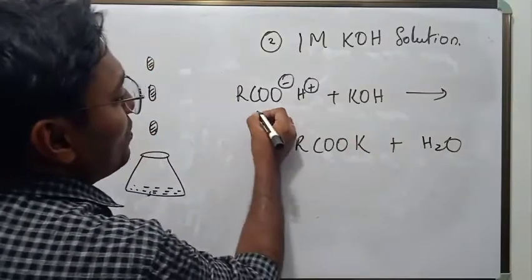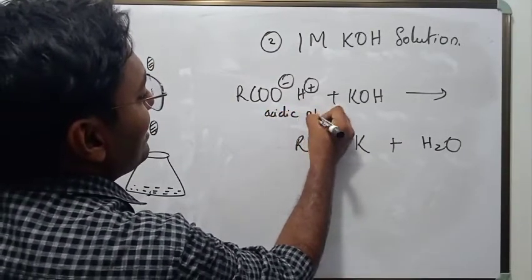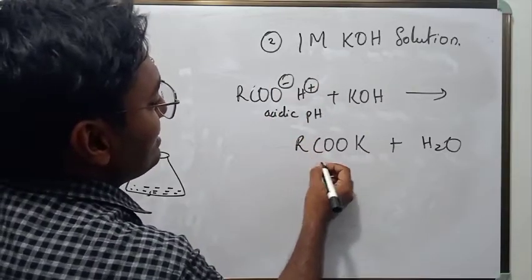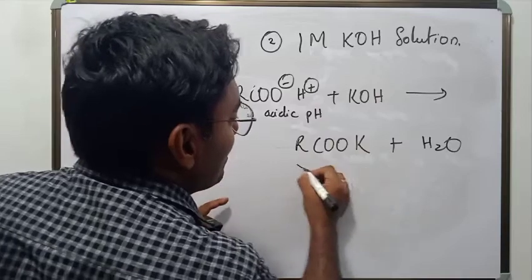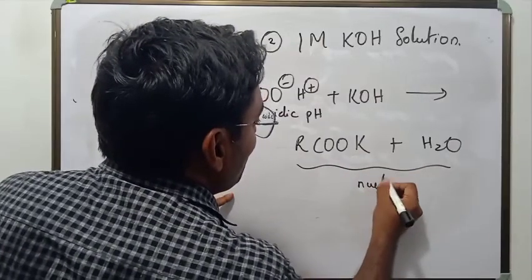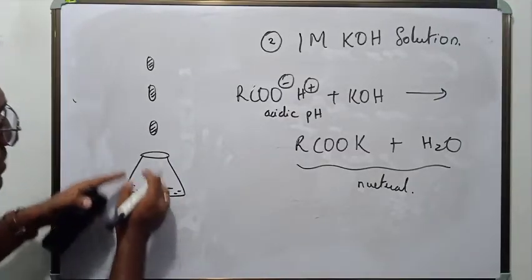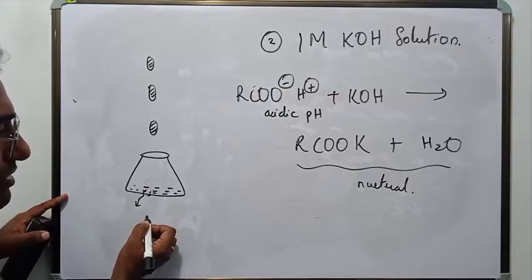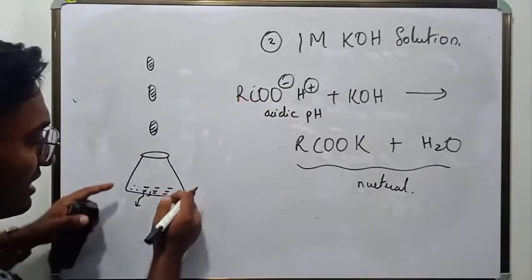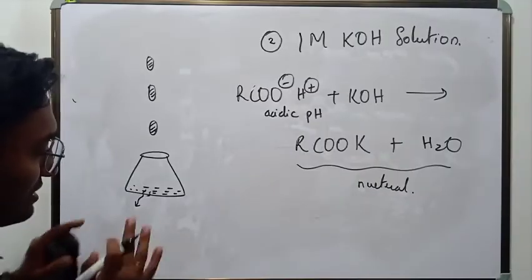So now this is acidic pH, right? The solution here is acidic pH. Now we are going for neutral. Slowly as a drop of KOH is falling from the burette, the pH is getting neutral. As free fatty acids are getting consumed, the solution inside is proceeding towards neutralization, correct?